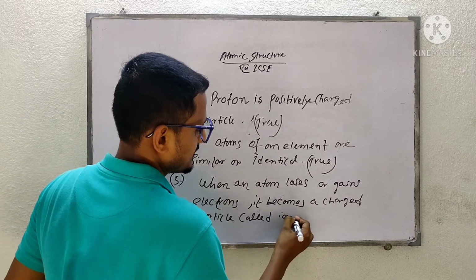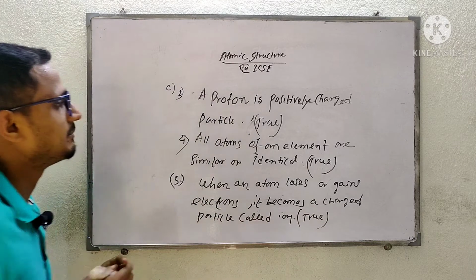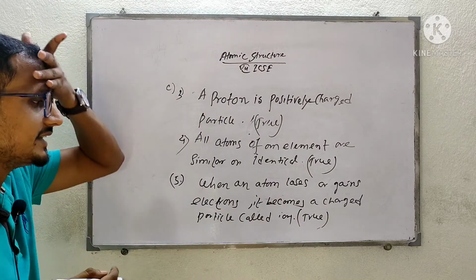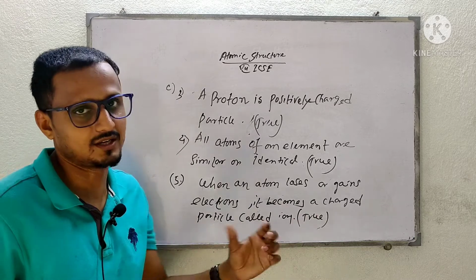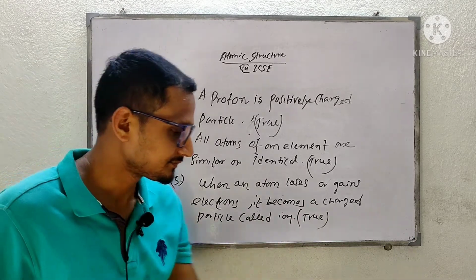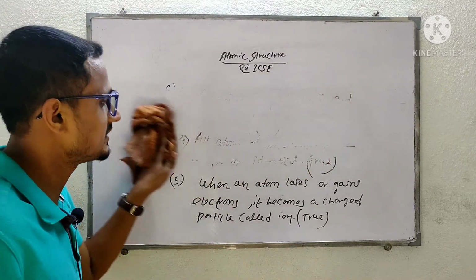Yes, it is correct. It is true. When an atom loses or gains electrons, it becomes a charged particle called ion. It is very correct, because we know ions are charged particles. Ions are of two types, cations and anions.